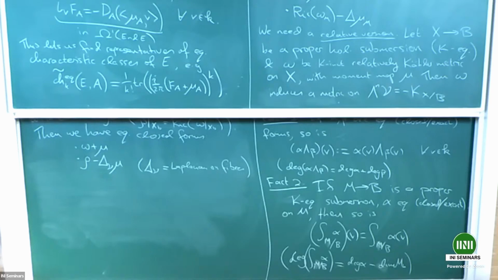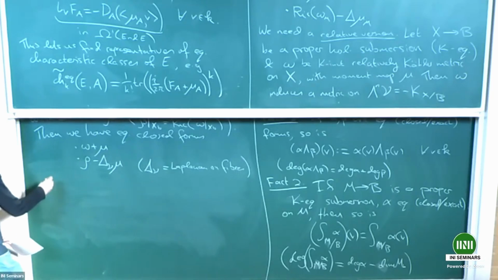Okay. So now this is everything I need to generate a moment map on the base of my fibration. So how do I do that? I want to integrate some equivariant forms over the fibers. I need them to have the correct degree so that I get a 2 form on the base.